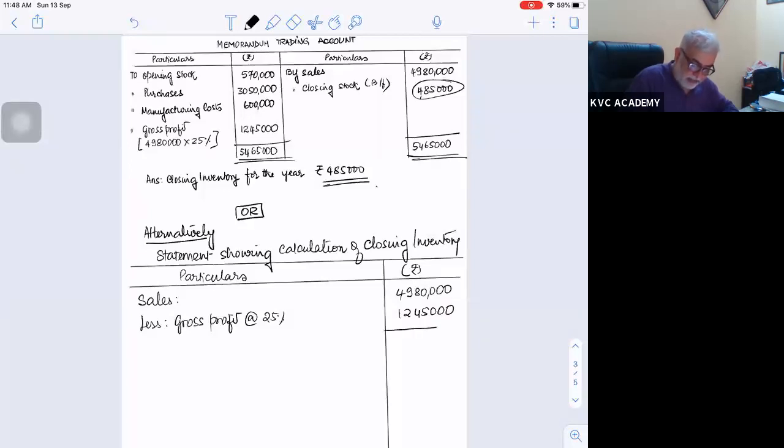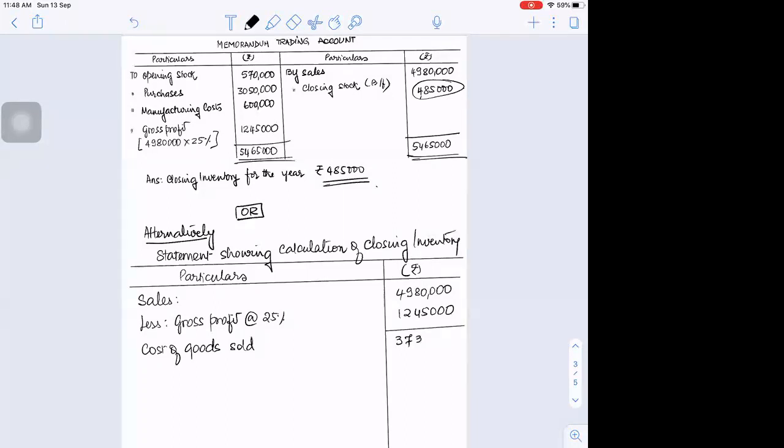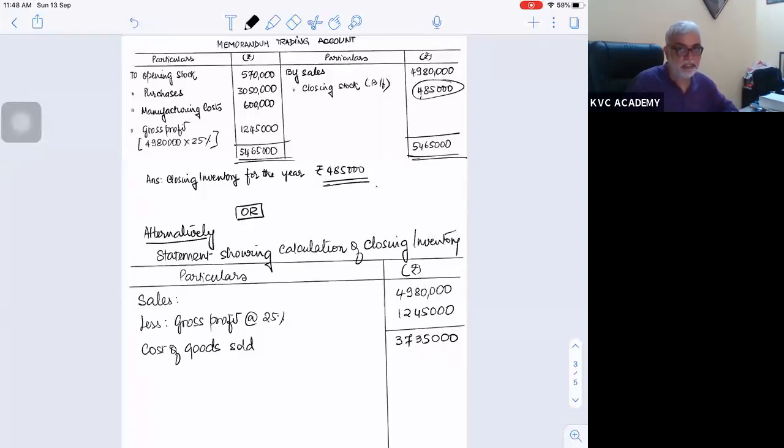If I reduce the gross profit from the sale, what do I get? Cost of goods sold. That would be 37 lakh 35,000. Cost of goods sold is 37 lakh 35,000.